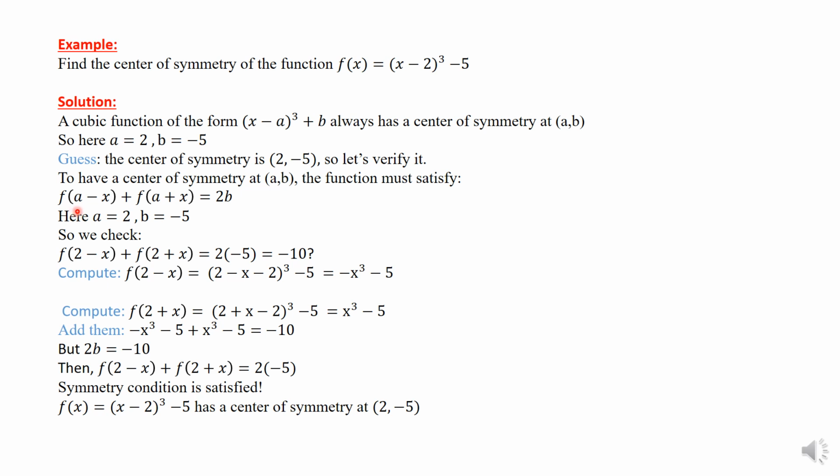So you need to verify that the function satisfies f(a - x) + f(a + x) = 2b.